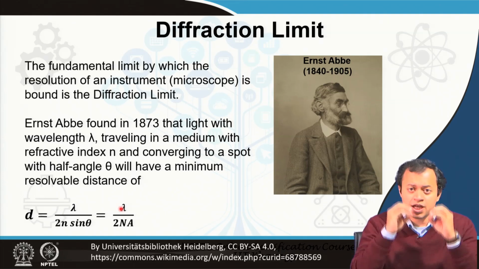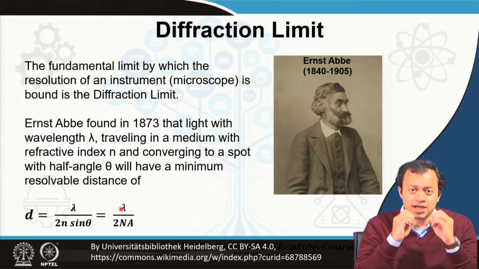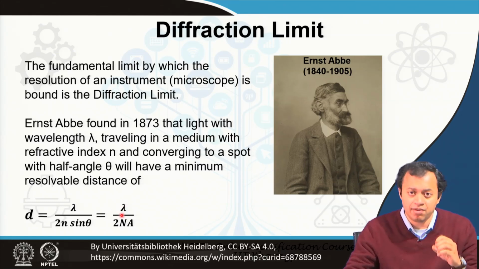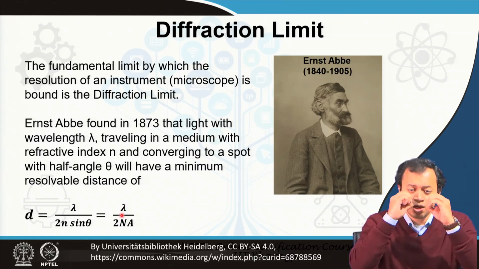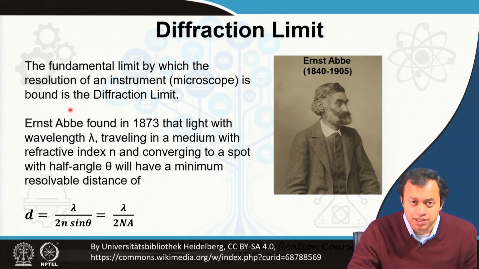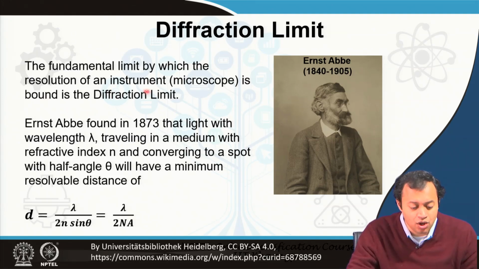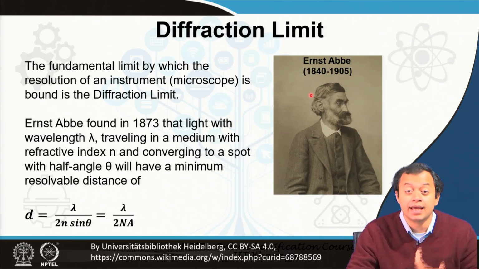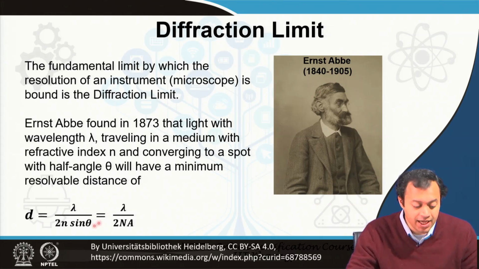It will consider any two points less than 350 nanometer apart, that is lambda by 2, 700 by 2, as one single object. That is the fundamental limit, called the diffraction limit or Abbe limit, given by d equals lambda by 2 NA.